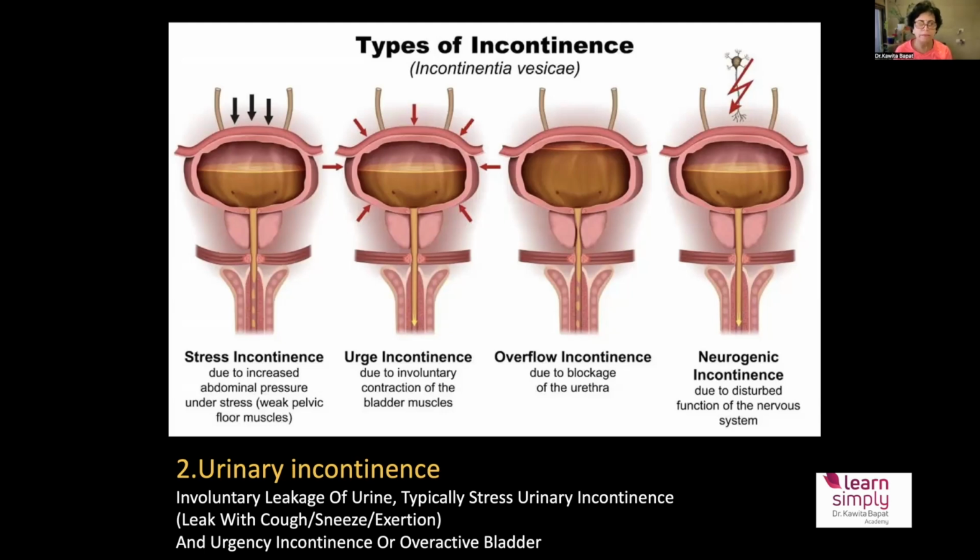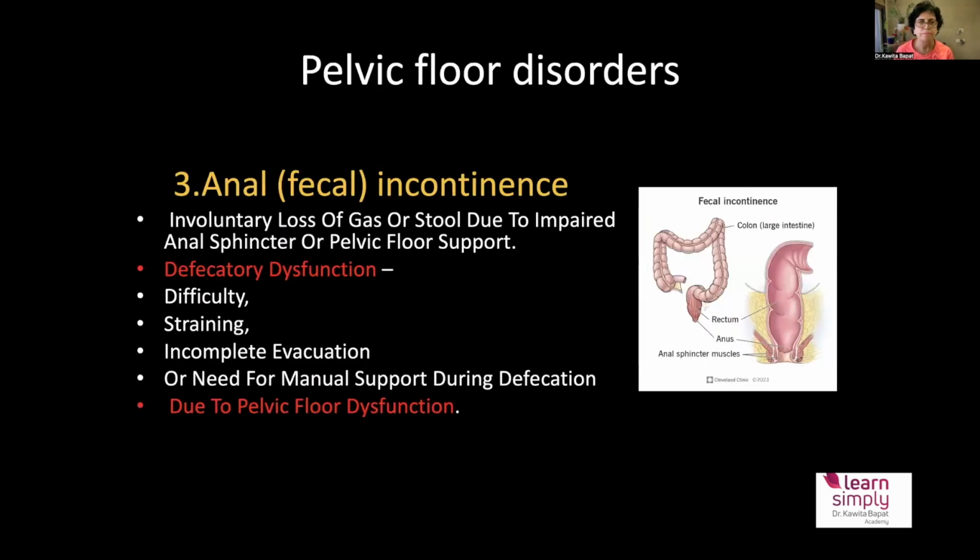Stress incontinence is due to increased abdominal pressure under stress and weak pelvic floor muscles. Urge incontinence is due to involuntary contraction of the bladder muscles. Overflow incontinence is due to a blockage at the level of the urethra. And neurogenic incontinence is due to disturbed function of the nervous system.